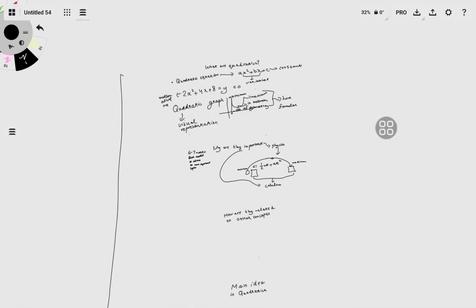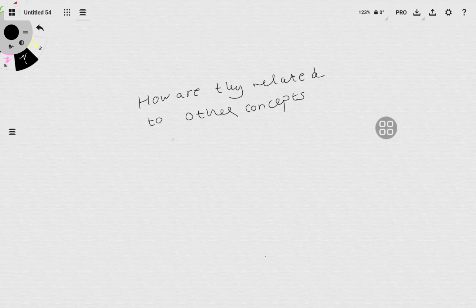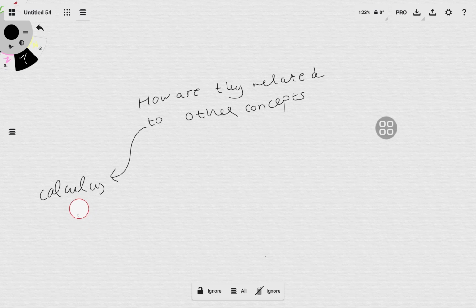So we have covered this much. How are they related to other concepts? They are related to calculus, where functions are used to predict something, as well as integration over the whole graph.